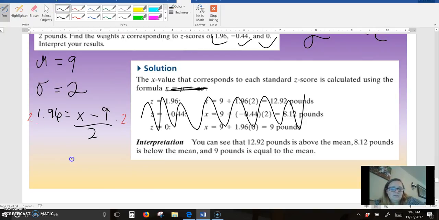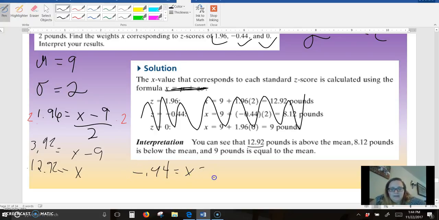I get x minus 9 equals 2 times 1.96, which is 3.92. I'm going to add 9 on both sides, and I get 12.92.